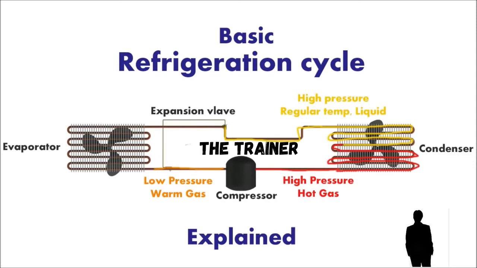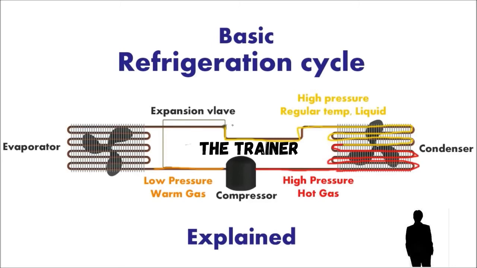The thermal bulb sits on the exit of the evaporator, and inside there is another refrigerant, and that, depending on the temperature of the refrigerant leaving the evaporator, the refrigerant inside the thermal bulb will expand or contract, and this change in pressure in that capsule will travel along the capillary tube, and that will move the diaphragm up and down.